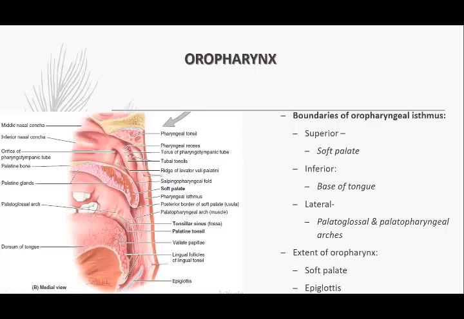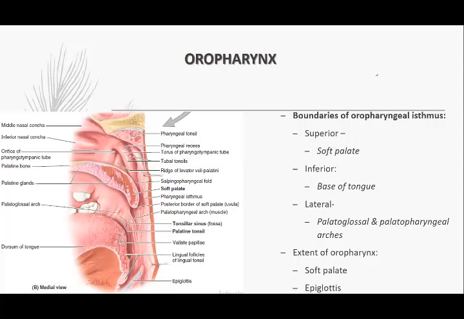So the soft palate is the superior limit or the superior boundary of the oropharynx. देख लीजिए, इसकी जो inferior boundary है oropharynx, this is the tongue, base of the tongue, ये tongue है सर, ये muscle of the tongue है, ये आपको पेपिले, ये वैलेट पेपिले नजर आ रहे हैं और ये lymphoid follicles नजर आ रहे हैं. Okay, so superior boundary is formed by the soft palate, inferior boundary is formed by base of the tongue.